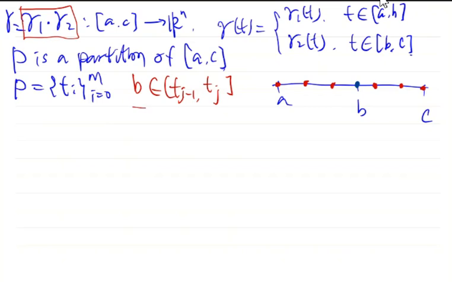So I use this interval. There is a unique interval of this form, left open and right closed, containing B. There must be some j between 1 and m such that B is in such an interval.